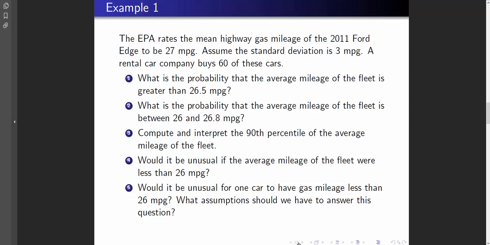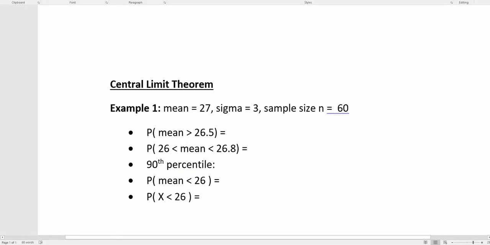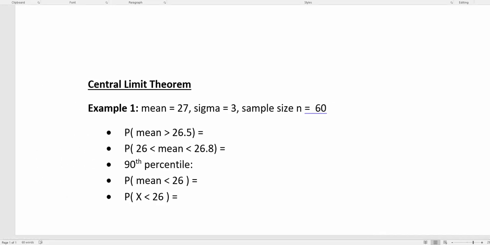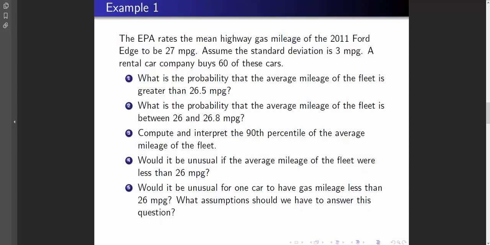That's actually not needed because we have a sample that's large enough. So we want to answer all of these questions. Over here I have this set up for you: the mean of 27, standard deviation 3, sample size is 60.